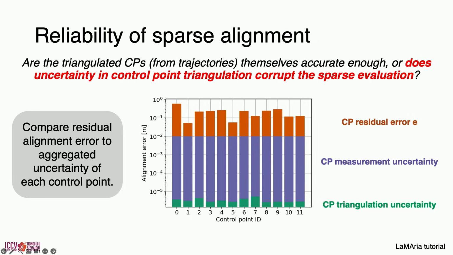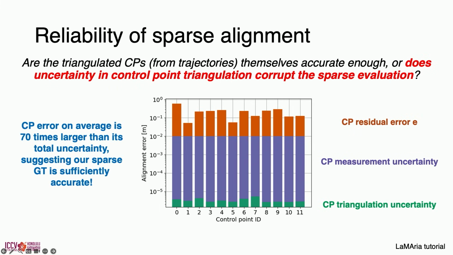And what we do over here is we compare the residual error to these uncertainties. As you can see, this is in log scale, the control point error is on average 70 times larger than the total uncertainty, which basically suggests that our GT is sufficiently accurate and the uncertainty in the control point triangulation does not corrupt this sparse evaluation.